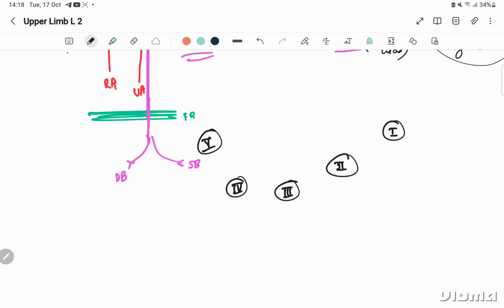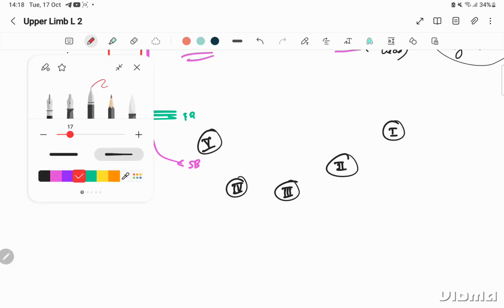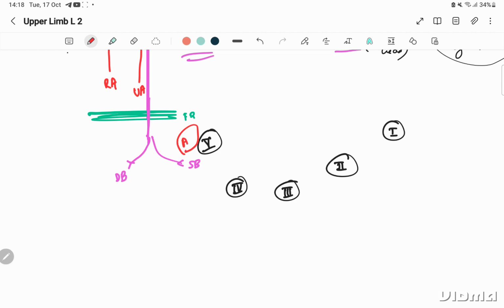Okay, so here we can have 3 muscles: adductor digiti minimi, flexor digiti minimi, and opponens digiti minimi. Okay, 3 muscles are shown here. You can have your lumbricals here, 1, 2, 3 and 4, not attached to any bone. And here we have the adductor pollicis.